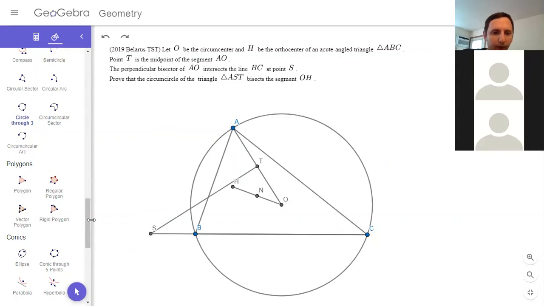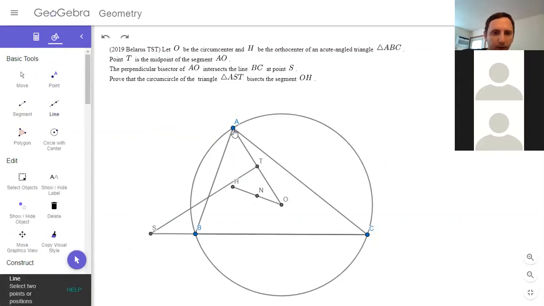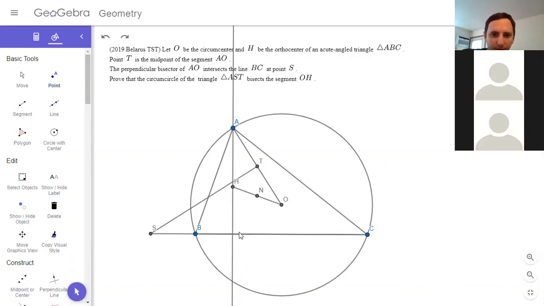All right, so I'm going to draw the altitude from A. So is it clear that N lies on the circle through A, T, D, and S? So we know that the reflection of H over BC lies on the circumcircle.